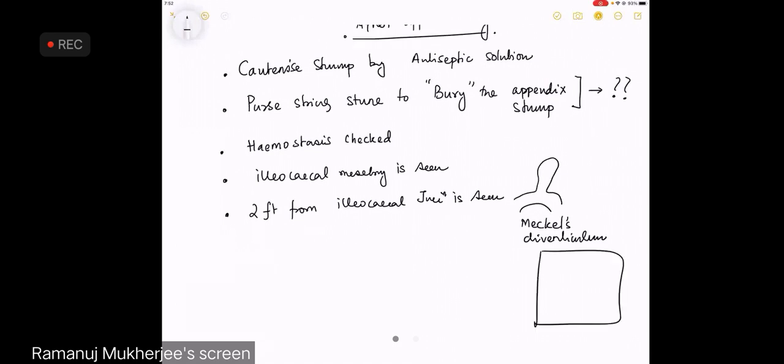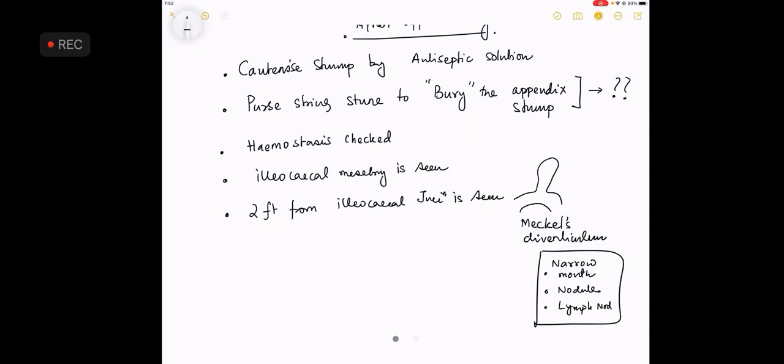If the Meckel's diverticulum is narrow mouth, if it contains a palpable nodule, and lastly, if local lymph nodes are enlarged, then remove the Meckel.